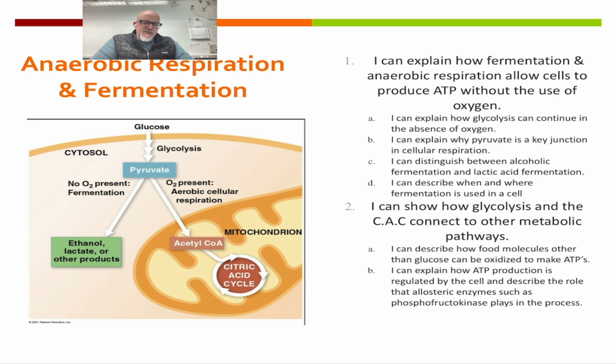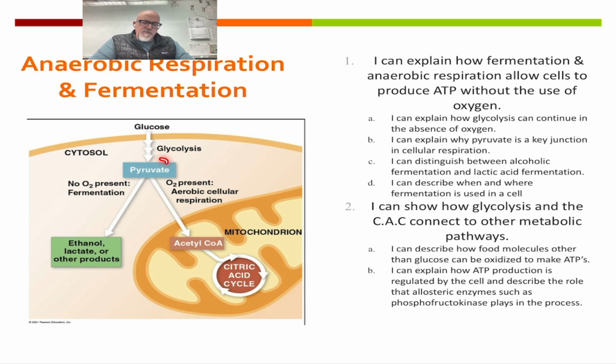That enters the citric acid cycle, creates a whole bunch of NADH and a little bit of FADH2. Then it goes on to the electron transport chain and chemiosmosis to do oxidative phosphorylation to produce all that ATP. We know that. But what happens if it is anaerobic?